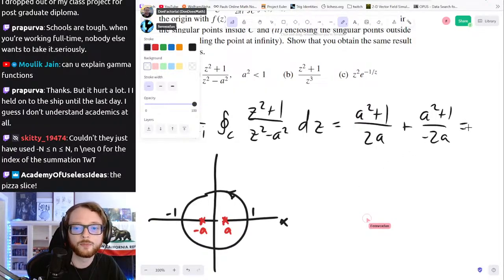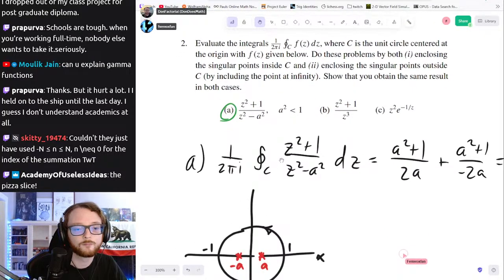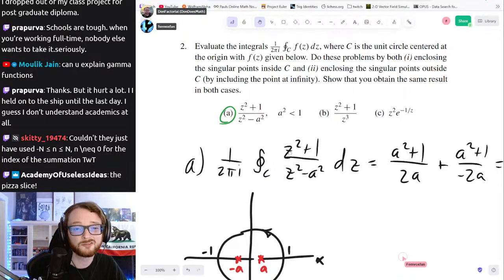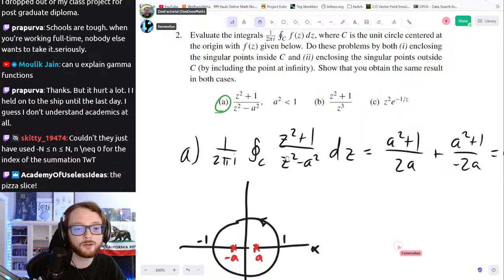Well, that's nice. It's an even function. Maybe that's why we get 0. Something like that.